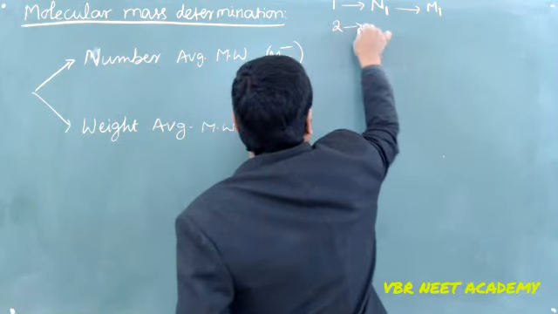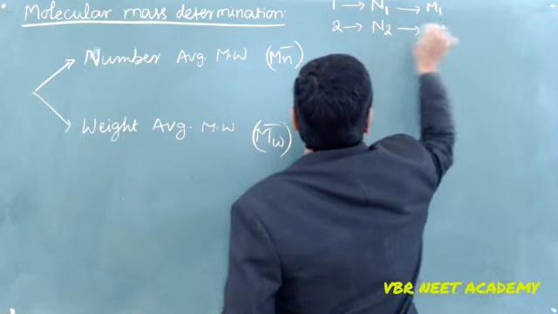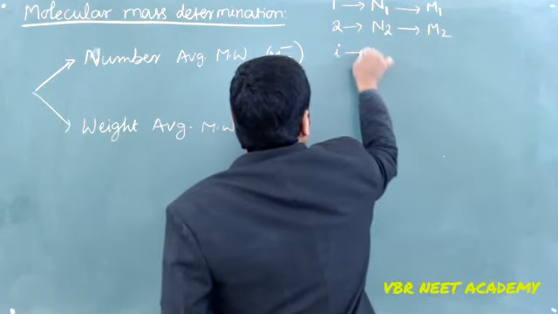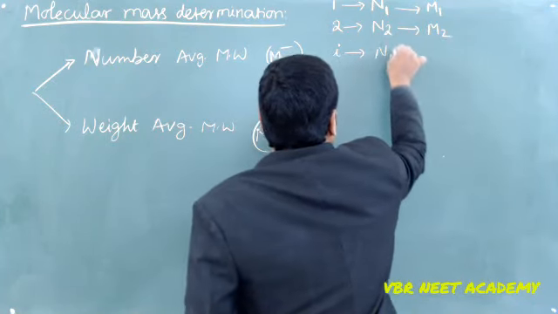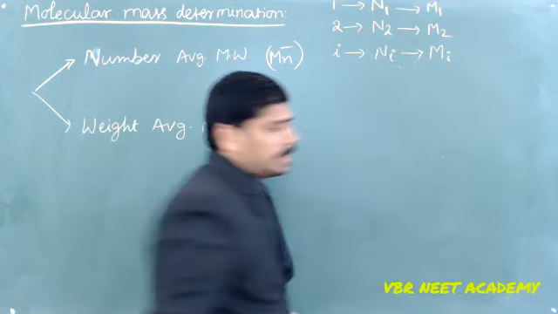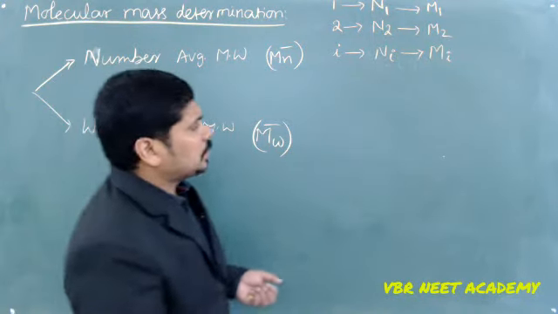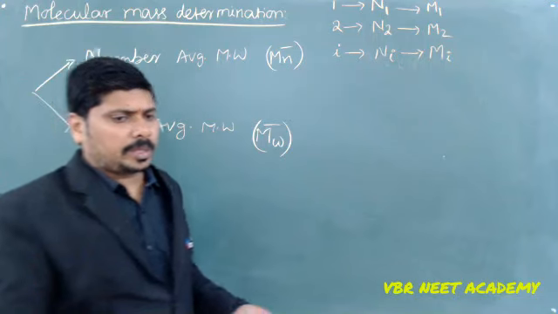The second one has N2 number and molecular weight M2. Similarly, the ith one has Ni monomers and ith molecular weight Mi. How many monomeric units are going to combine?